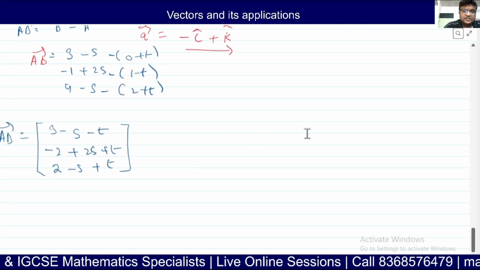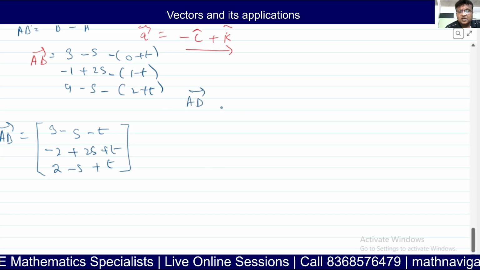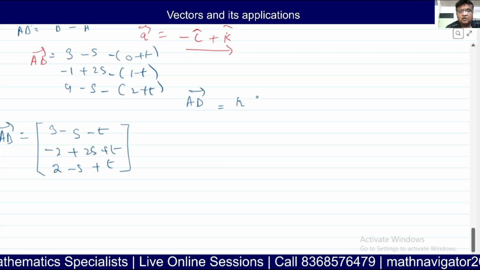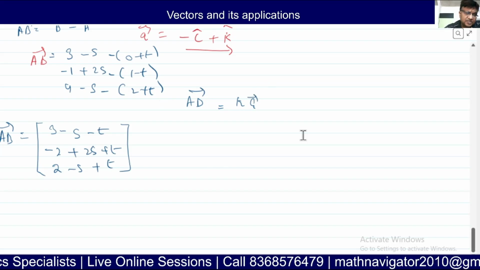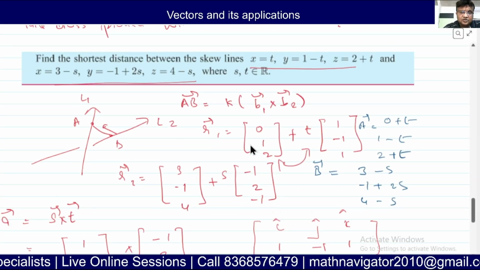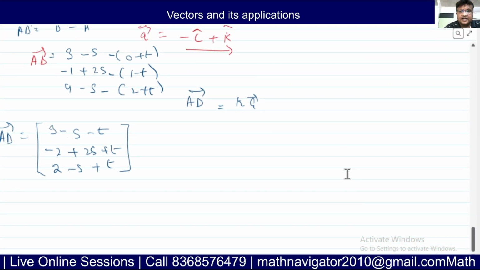Now this vector AB is some multiple of vector A. Why I'm saying this? Because if you go by this, let's say the diagram.